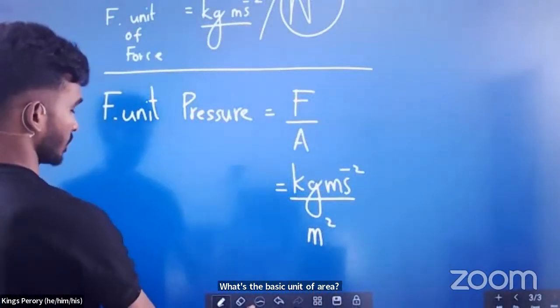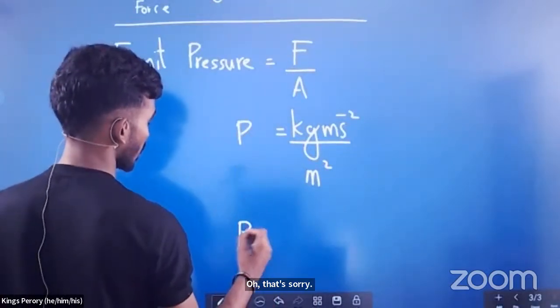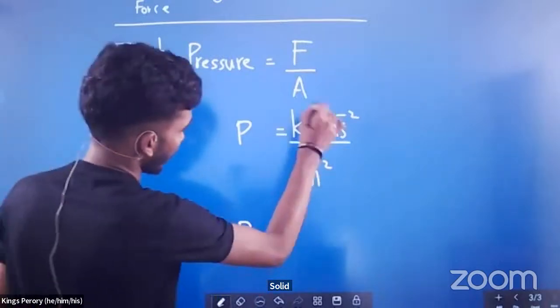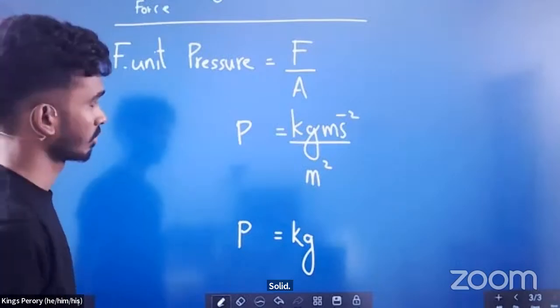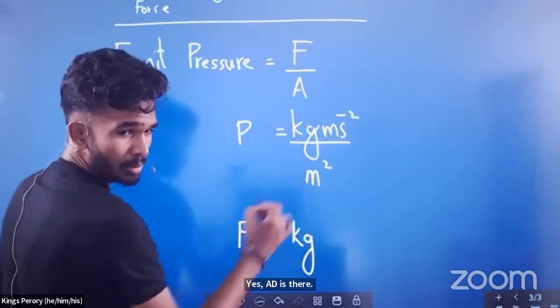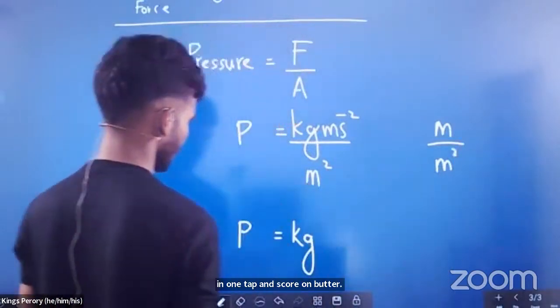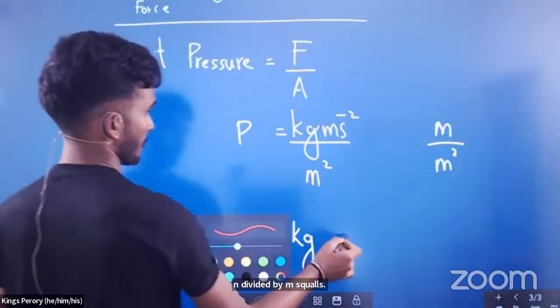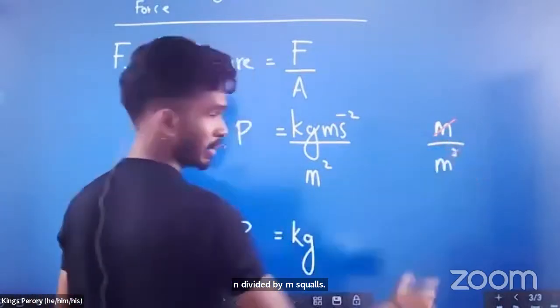Solve it. Kg is there. m on top, m square on the bottom: m divided by m square. One m of the square will cancel off.